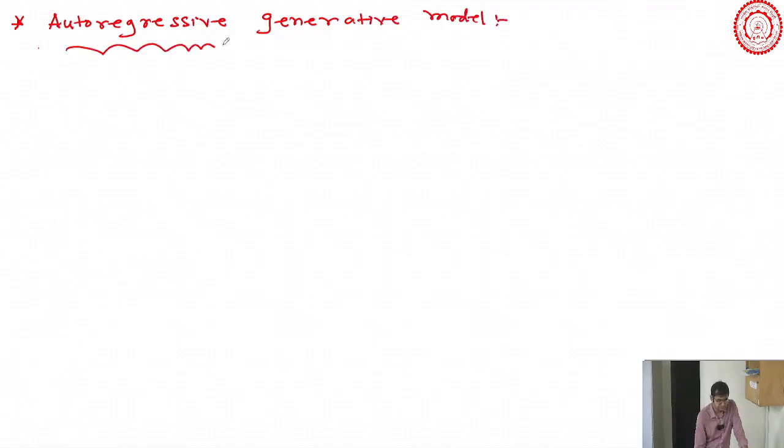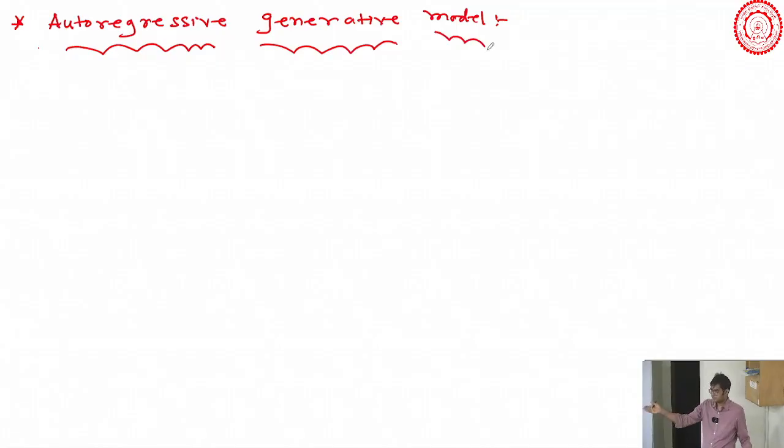We have already studied this thing, the autoregressive generative model. Can you remind me what is an autoregressive generative model? What do we do here? We use the product law, the decomposition. So here what we do is that we do it pixel-wise.